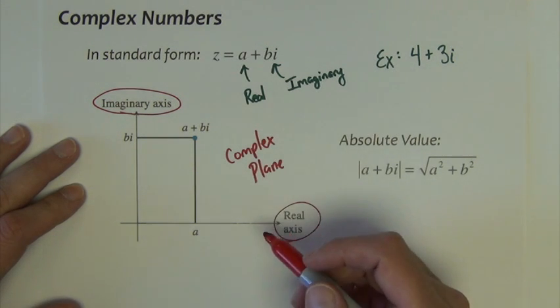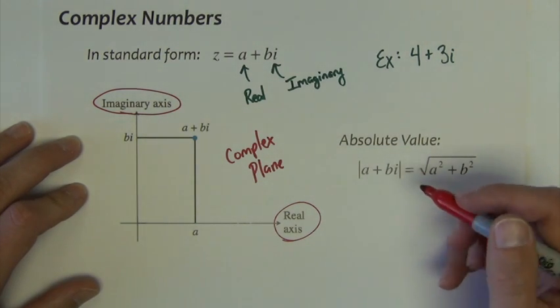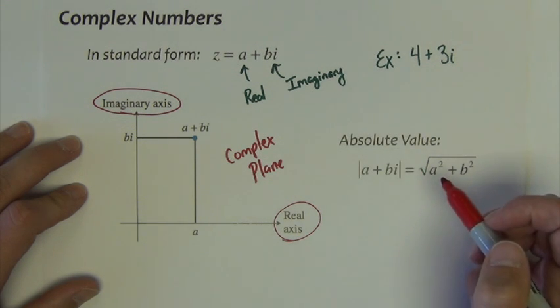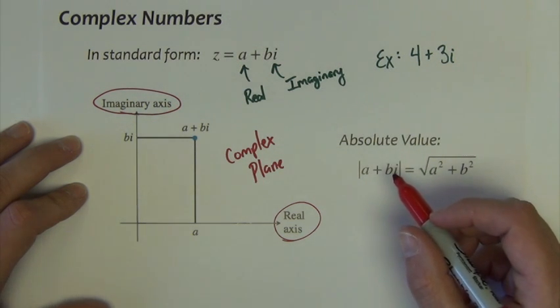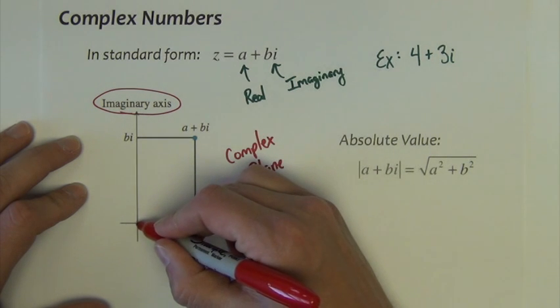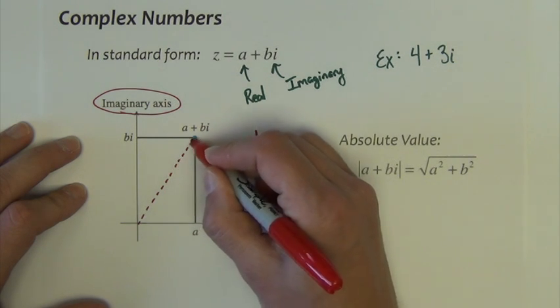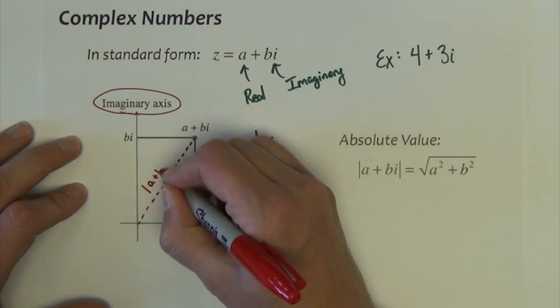Now we also like to talk a little bit about absolute value. Absolute value, we know, is the distance that a value is from 0 on a number line, and for a complex number it's the distance the number is from the origin on the complex plane. So the absolute value is that right there. This is the absolute value of a plus bi.